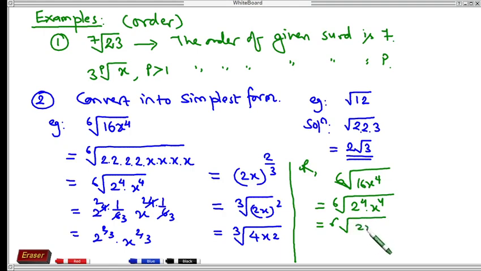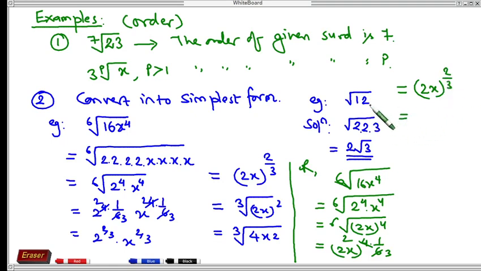The sixth root of (2x) to the power 4 you can write, then (2x) to the power 4 times 1 by 6, then (2x) to the power 2 over 3.